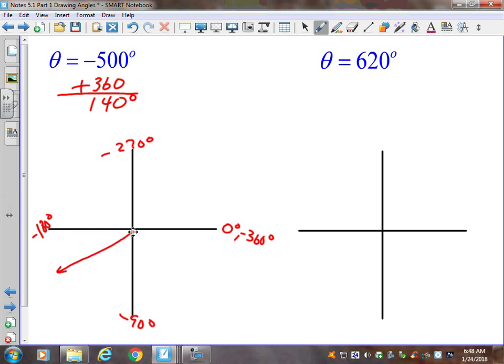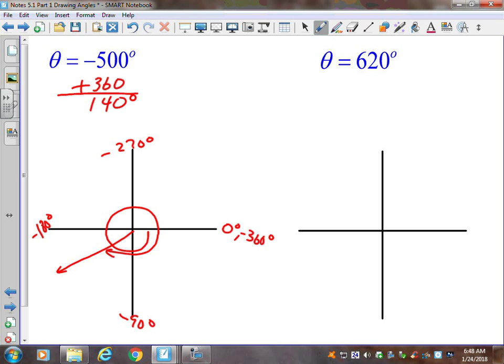So now this is a negative angle. So we're going to spiral around one time because we took 360 and added it, and come back to 140. Now I shortened that just a little bit. I should have not spiraled that quite so close, but at least I can see it's apart.